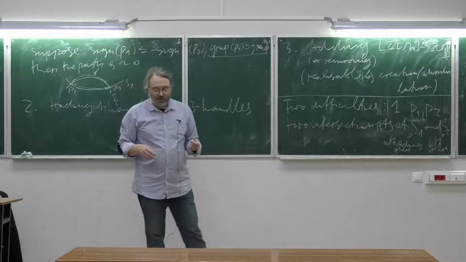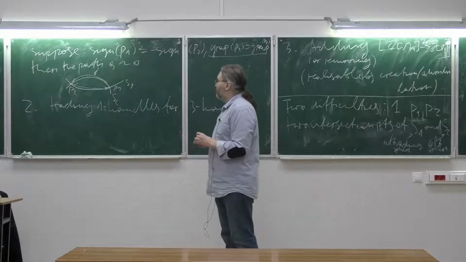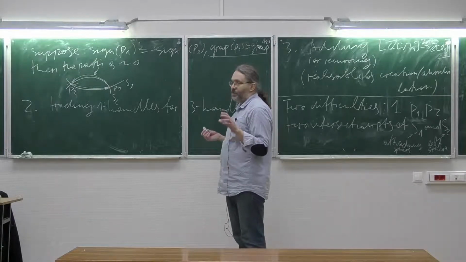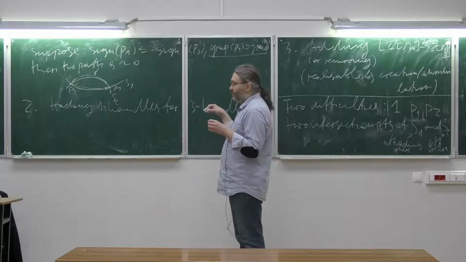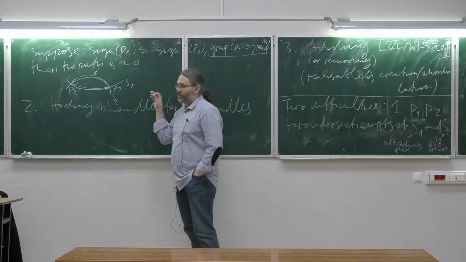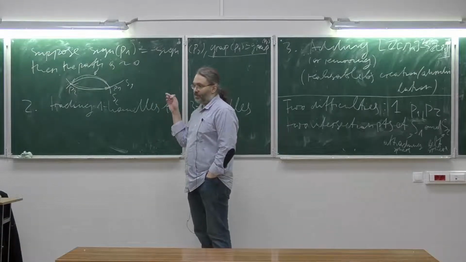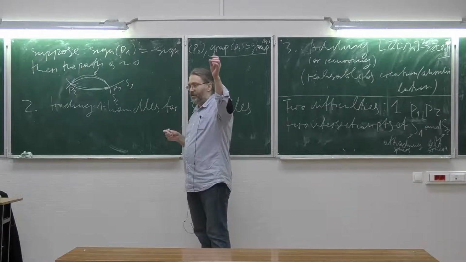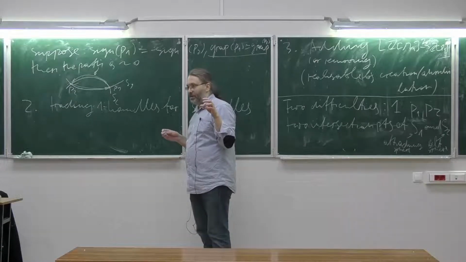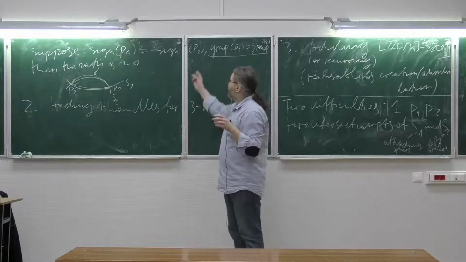Then we assume that all intersections are transversal, so each intersection point contributes. It has one specific element of the fundamental group, with some sign.